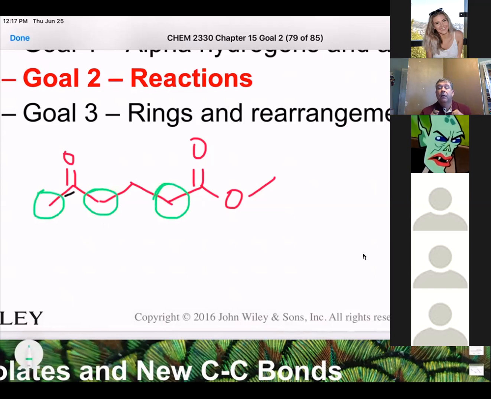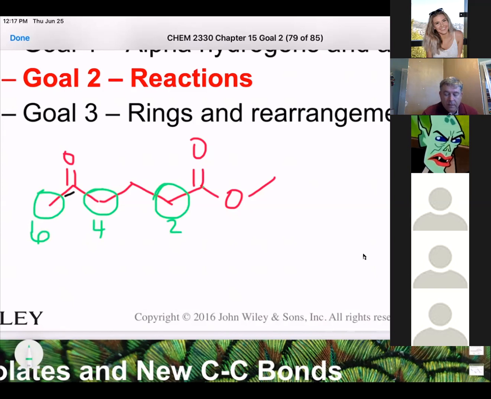Let's decide which of these we're going to remove first. This is the 2 carbon, this is the 4 carbon, and this is the 6 carbon. Now, look at how acidic these protons are.